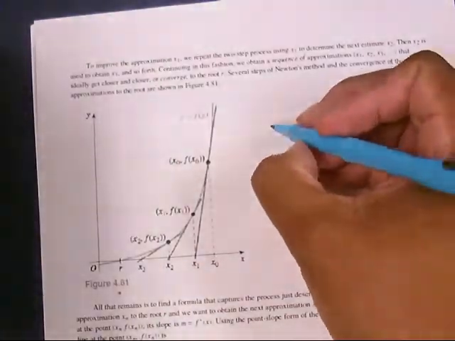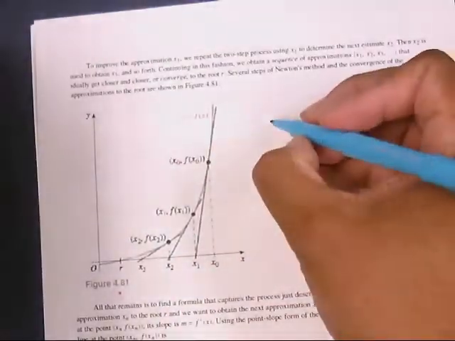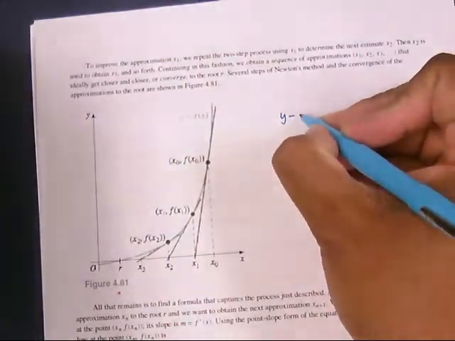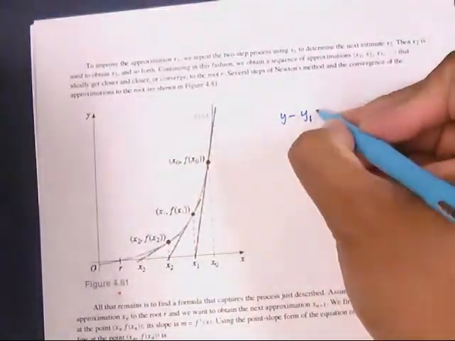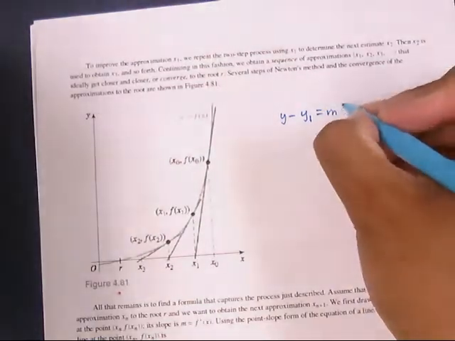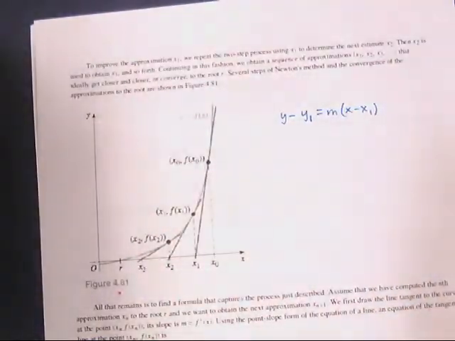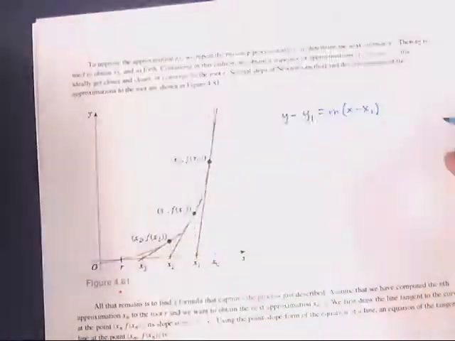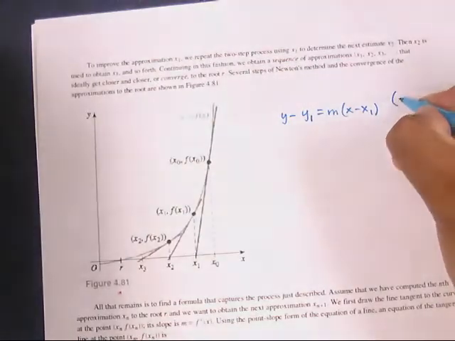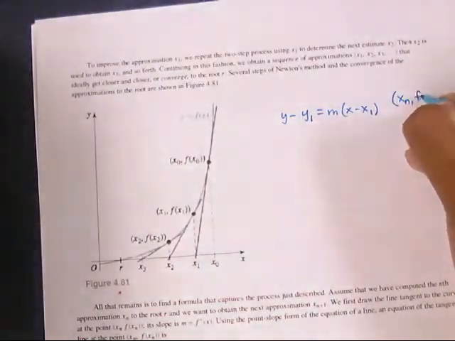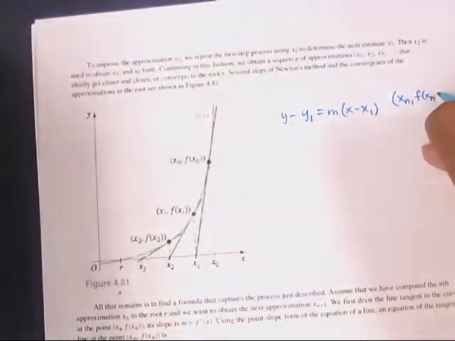now here we can derive Newton's formula, or Newton's method, by using point-slope form. Y minus y sub 1 is equal to the slope times x minus x sub 1. Okay? All right, so here we draw a line that's going to be tangent to the curve at the point x of n, comma, f of x of n.